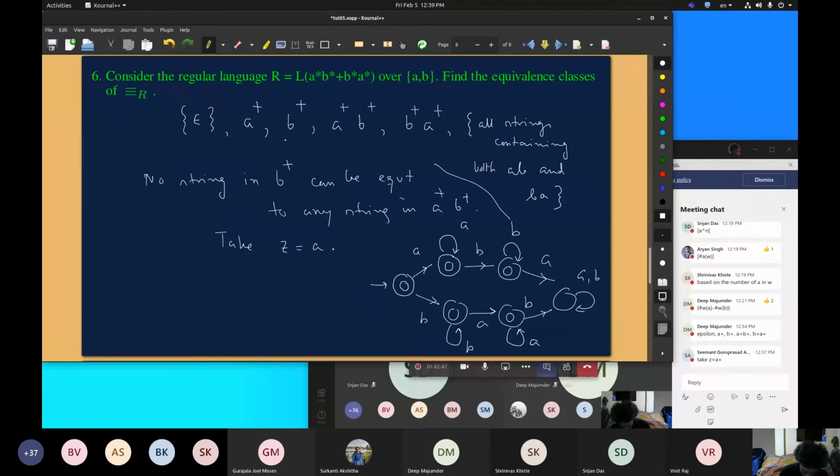So this has a natural one-to-one correspondence with this minimal DFA. Okay, fine. This is another way of looking at it.